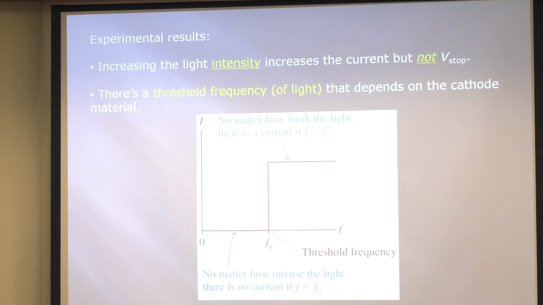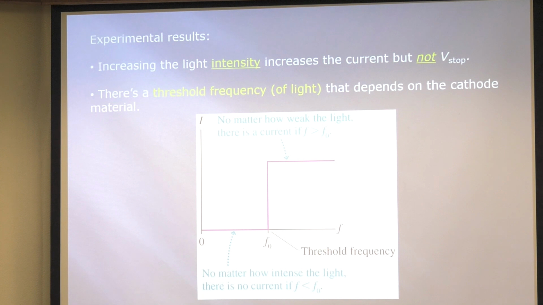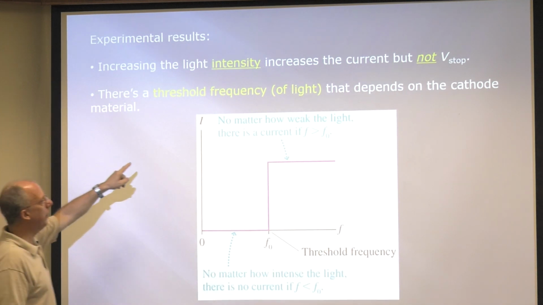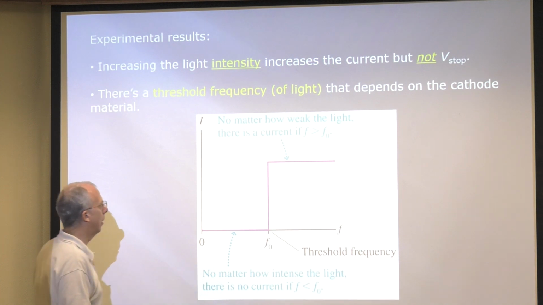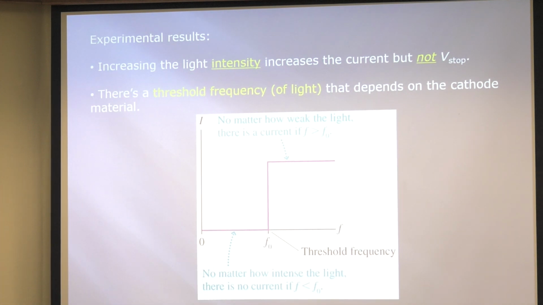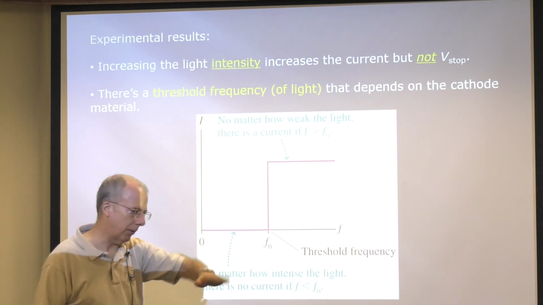Okay, number two, and this is the big one. There's a threshold frequency of light that depends on the cathode material. All right, what does that mean? This is what it means. So remember, light acts like a wave. It has a frequency, right?